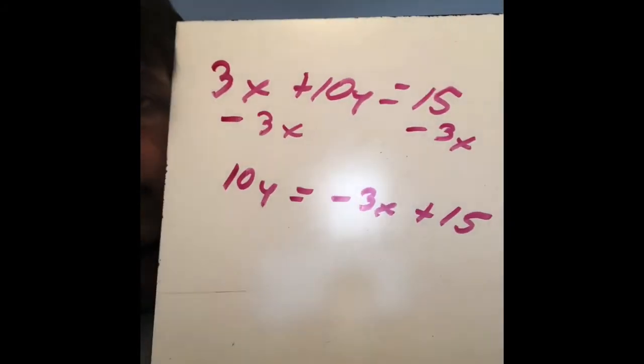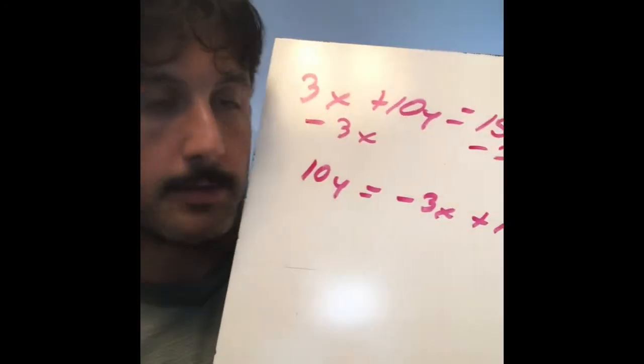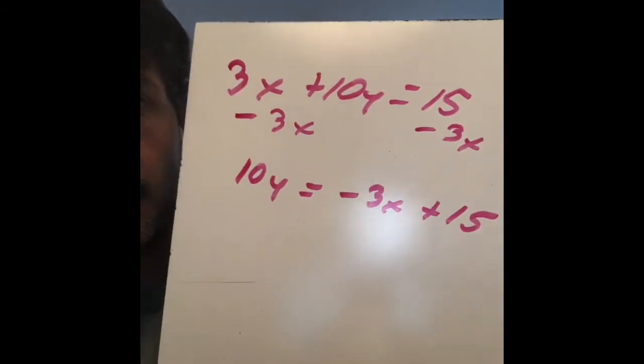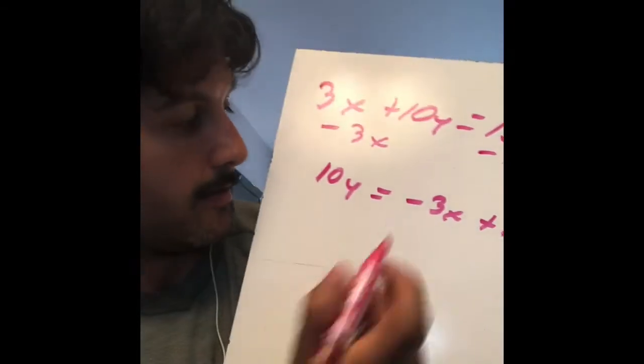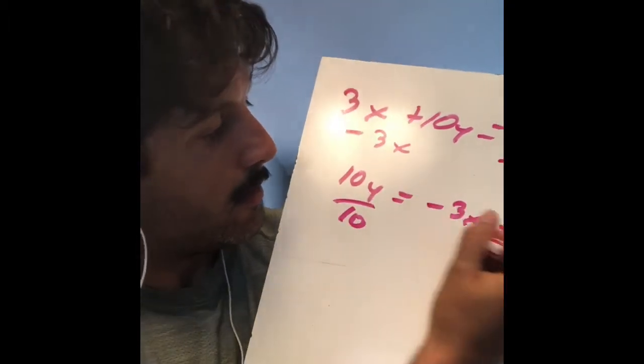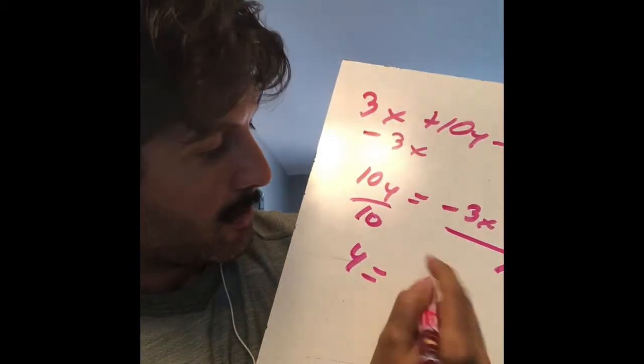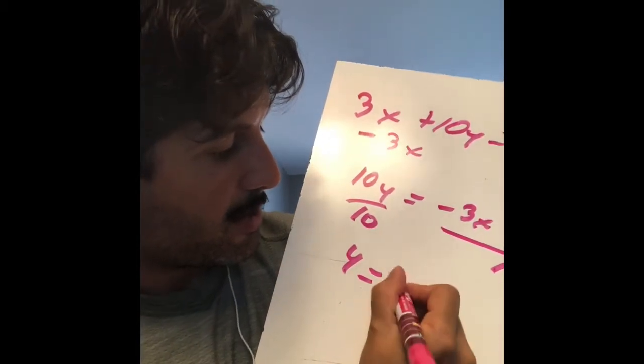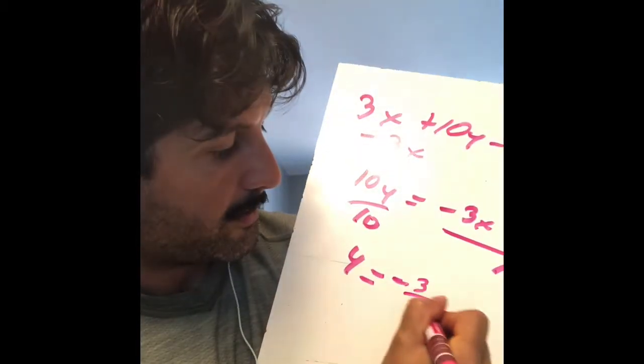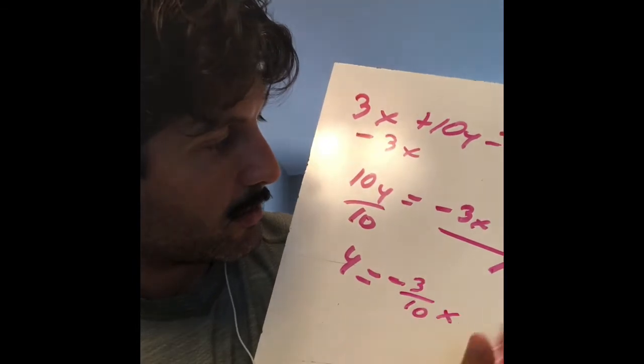Now to isolate y, what's being done to y? It's being multiplied by 10. To undo multiply, you divide. So y equals, and really negative 3 over 10 x. That's all you can do.